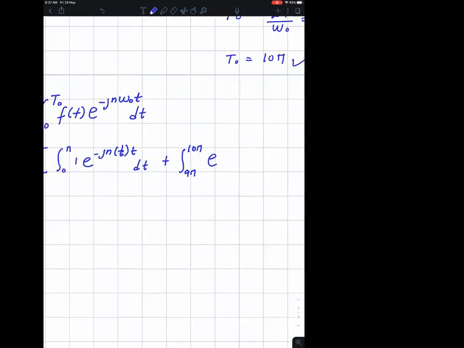Also the same thing, 1 multiplied by e to the minus j n, 1 over 5 t.